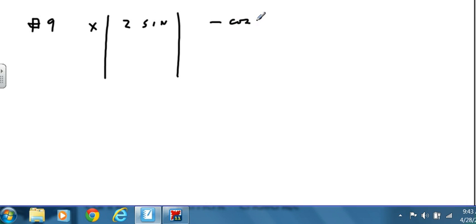Now I got 12 more minutes to do 2 more problems. So number 9, I'm going to have an x, and I'm going to have 2 sine, and then minus cosine, and then 2 sine minus cosine.